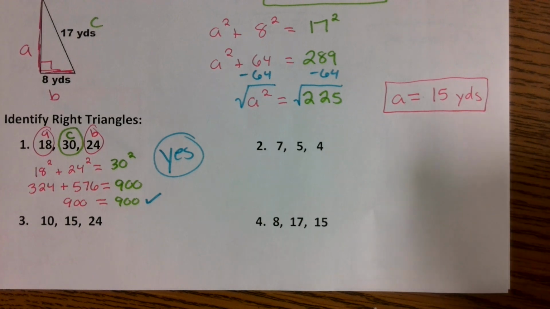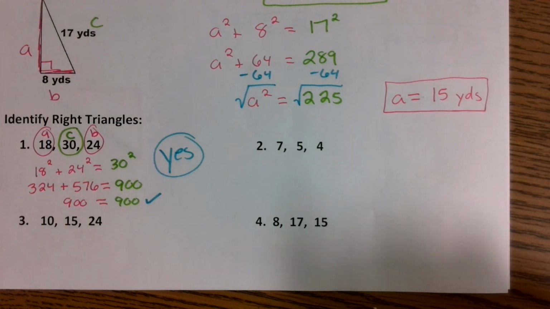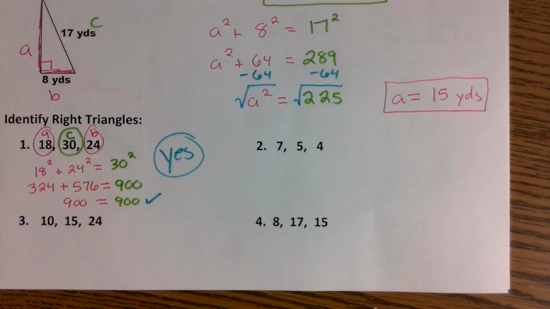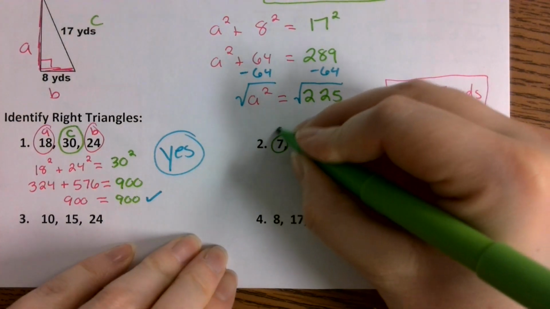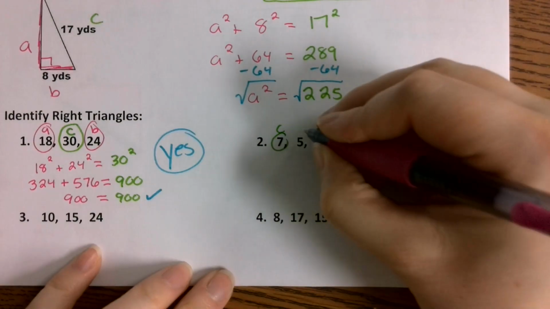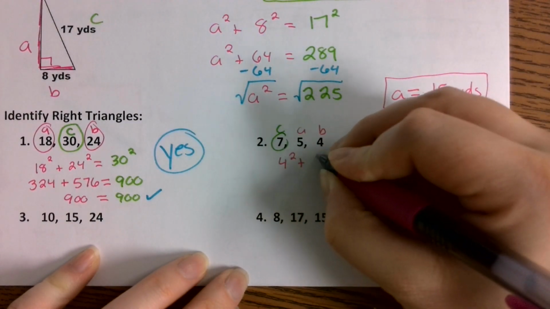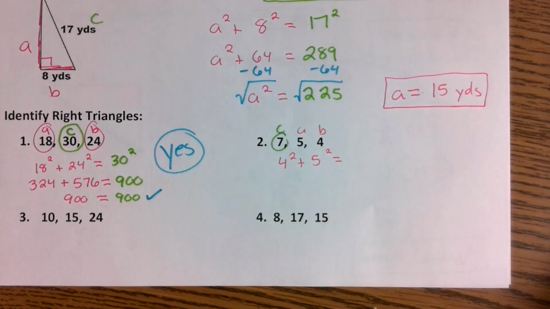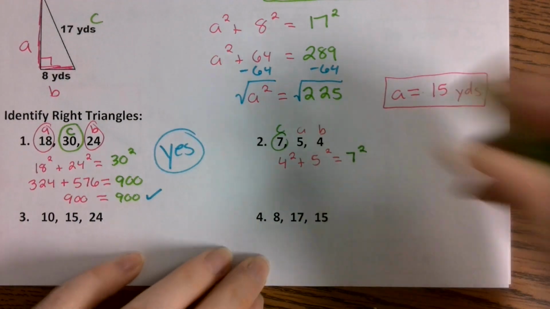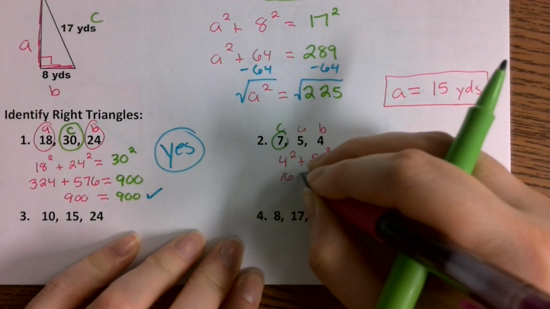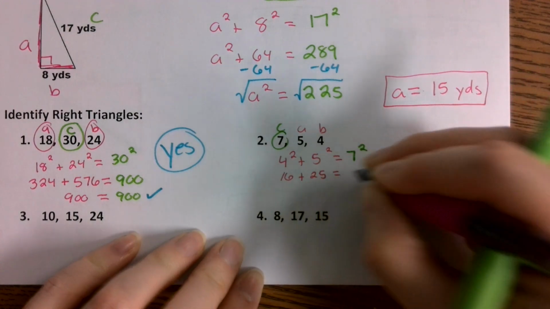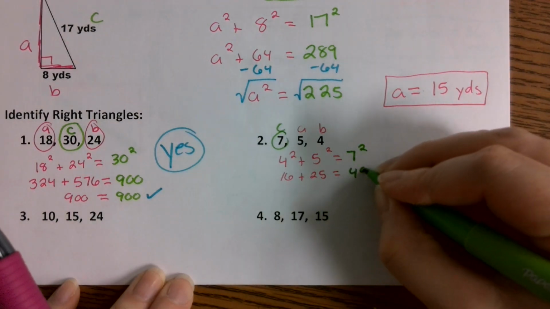For problem number 2, guys, is it going to form a right triangle, yes or no? No. Okay, our largest measurement happens to be the 7. That's going to be the C. The other two values are going to be our A and our B. So we can do 4 squared plus 5 squared is equal to 7 squared. 4 squared is going to give us 16. 5 squared is going to give us 25. 7 squared is going to give us 49.